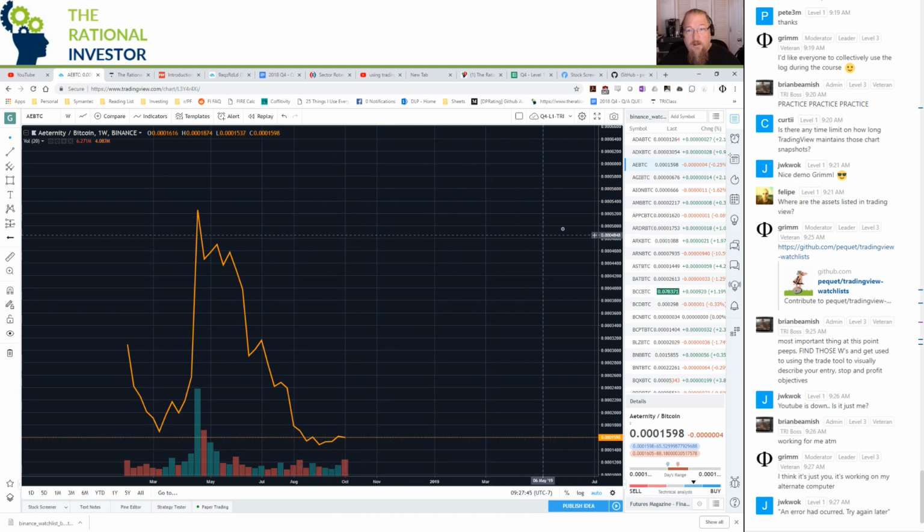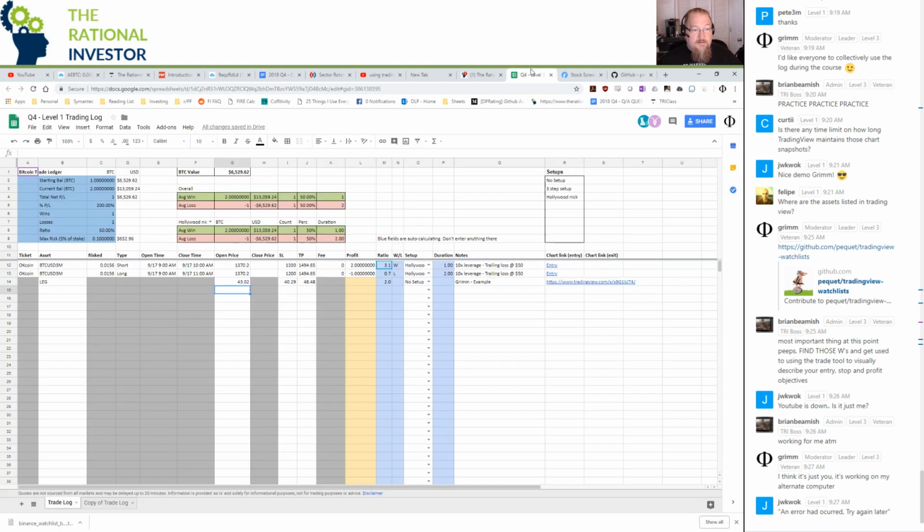And then let's paper trade it. We can set our risk and reward, and then put everything into here. Ignore the fields that are colored. Just put in the asset.